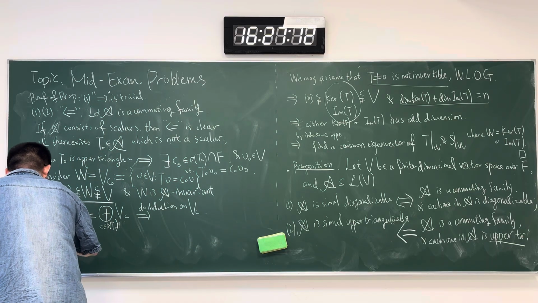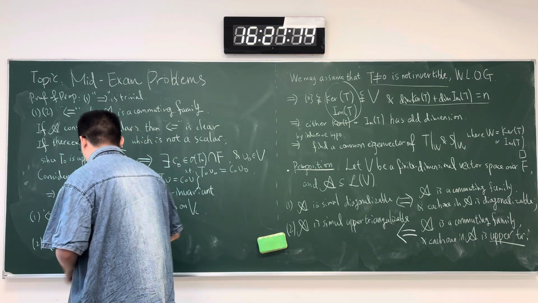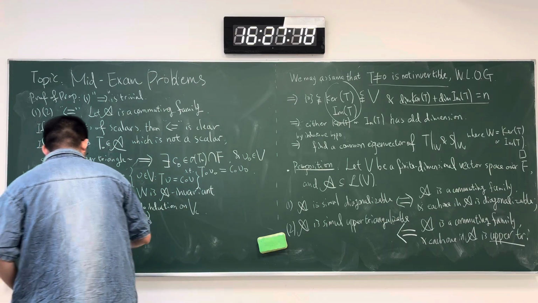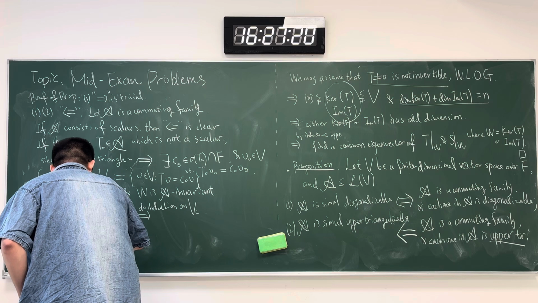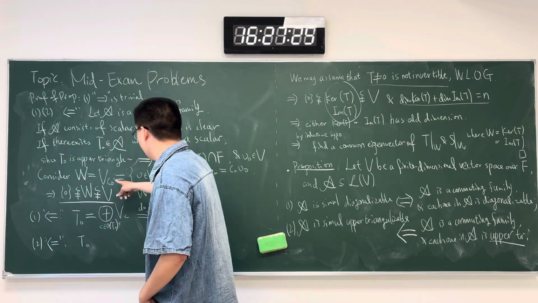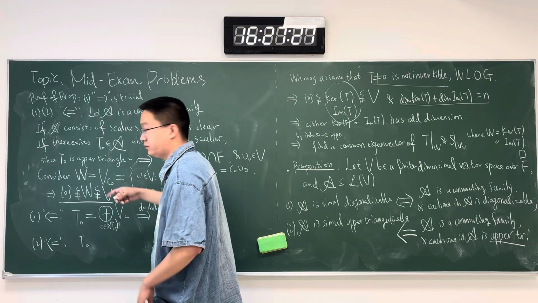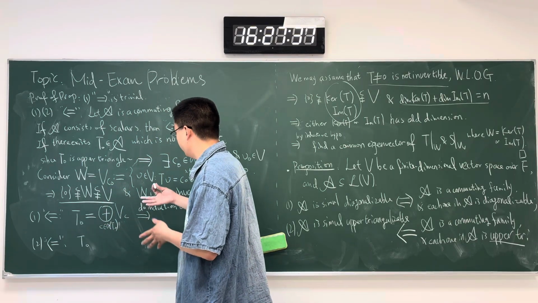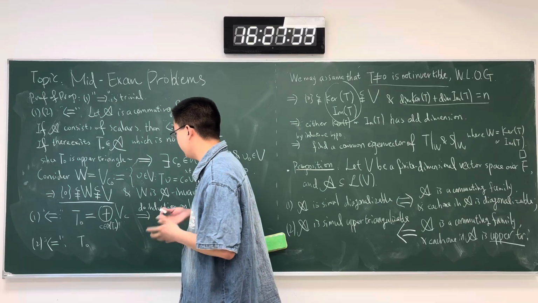Then in the second statement, we may write T0 on a special basis, which consists of a basis of V c0 first and the quotient basis of V modulo V c0 next.